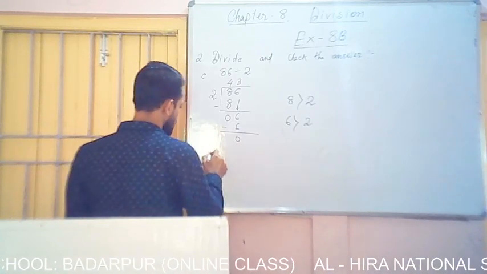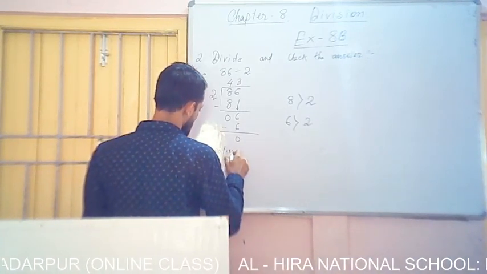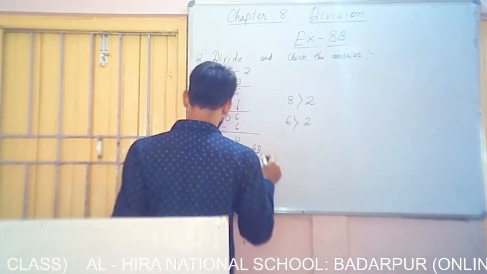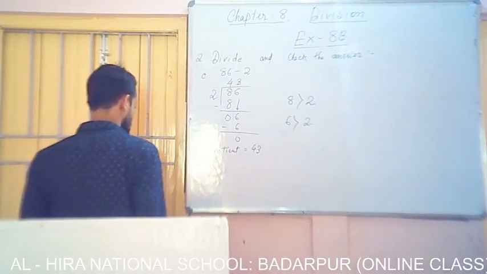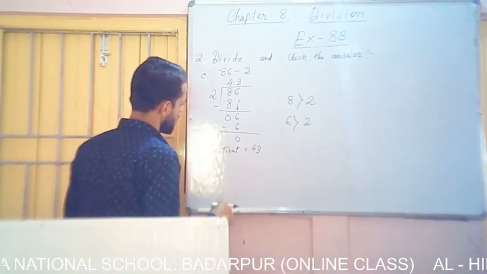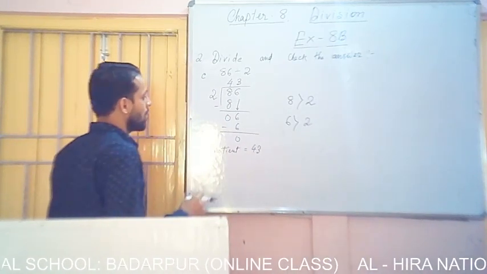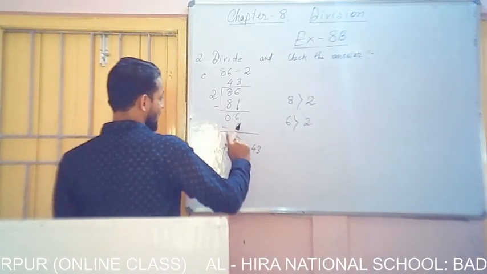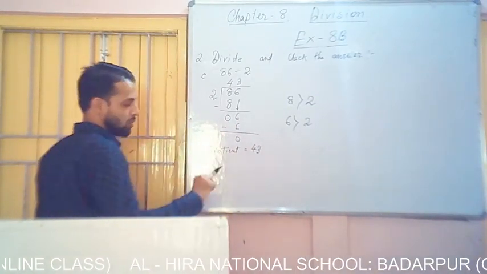The quotient is 43. And while writing, you must be careful. You have to put one number exactly below another number.